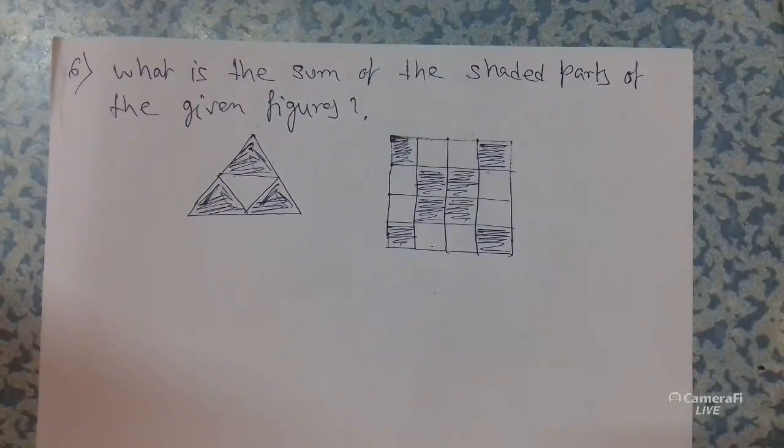So these are the two figures. And what is the sum of the shaded parts of the given figures?